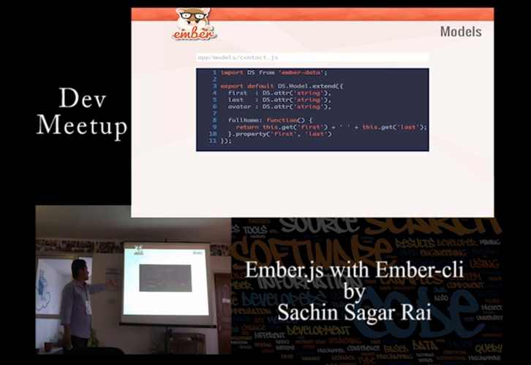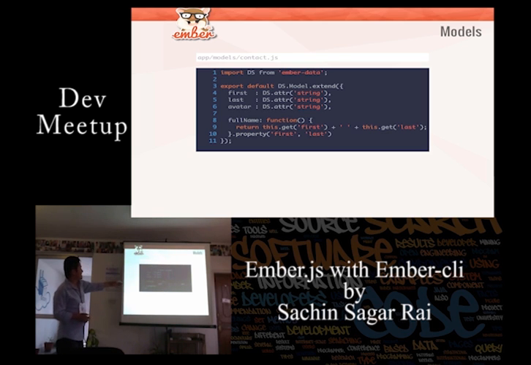And this another one is fullName. It's a computed property. A property in Ember.js recomputes if something changes in what it's watching. In this case, it's watching first and last.